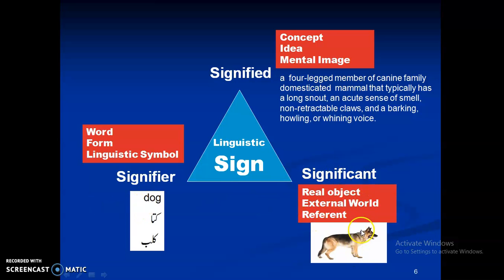So linguistic symbols are known as signifier, what is signified is the mental image or concept in our mind or the idea, and the actual object is known as the significant. Signifier, signified, significant, and this is known as the linguistic sign or symbolic sign.